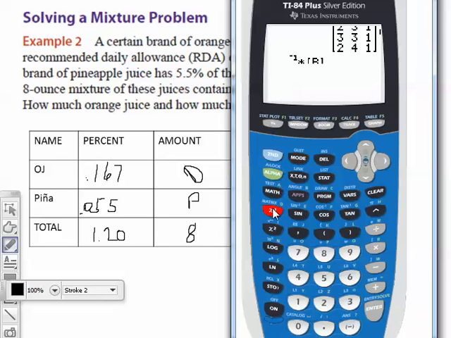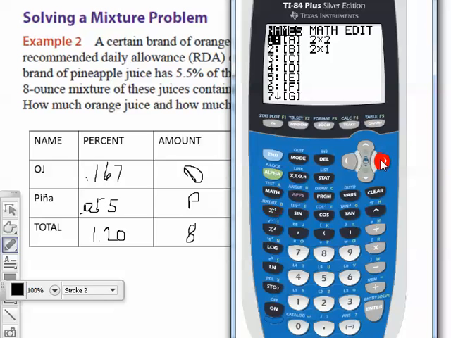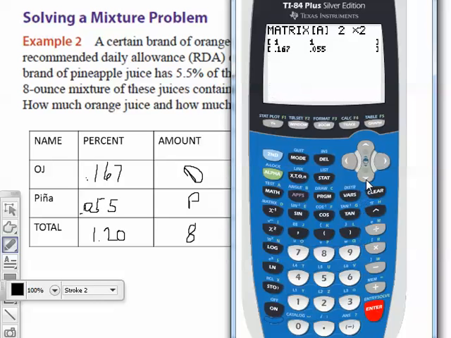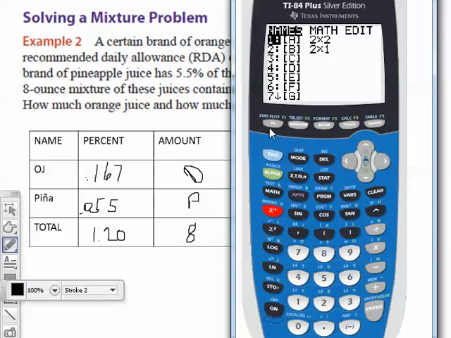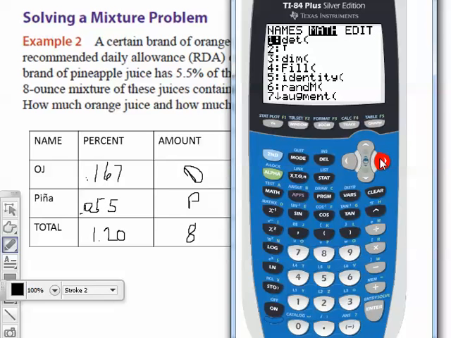Okay? Second quit. Second matrix. Edit. And we're editing the B equation. Nope, I edited the A equation, didn't I? Okay, second quit, second matrix, go over to edit.